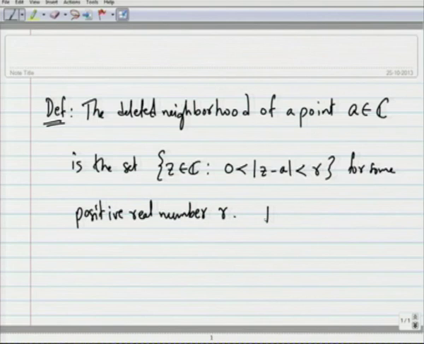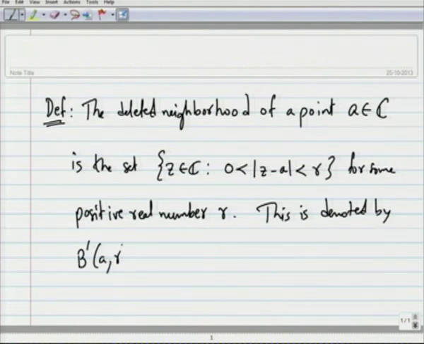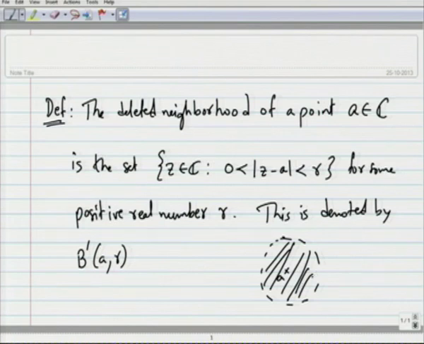This is denoted by B'(A, r). Pictorially, we are considering an r ball around the complex number A, it is an open ball, and we remove the point A itself. So, what we have is a deleted neighborhood B'(A, r).